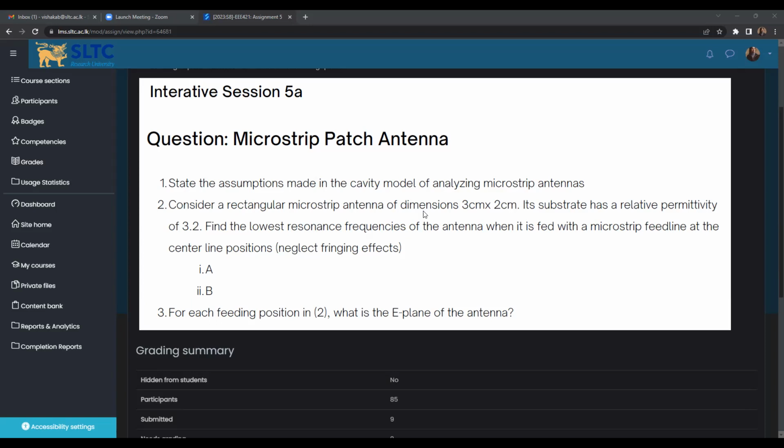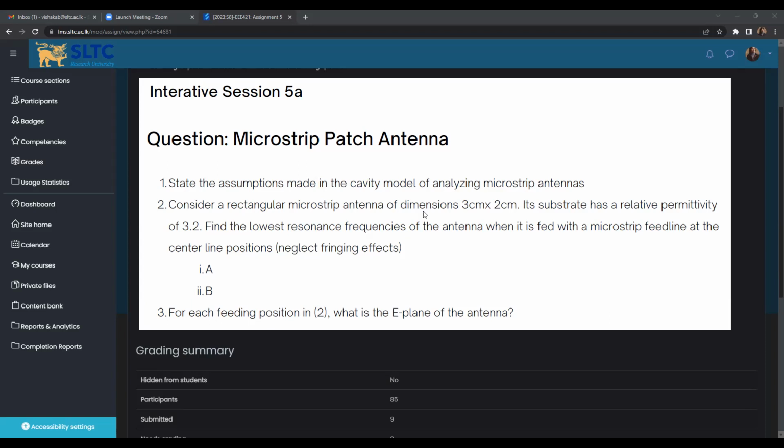We also learned how the electric field distribution is generated based on the feeding position of the wave. So we are feeding a certain wave to the antenna.